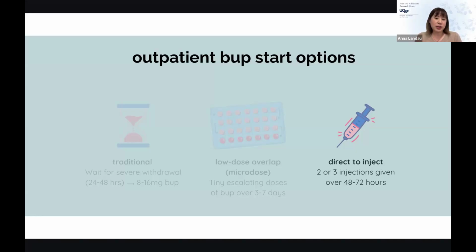Buprenorphine is a little bit harder because it is a much higher morphine milliequivalent than oxycodone or hydromorphone, and so it is a little bit harder to titrate.